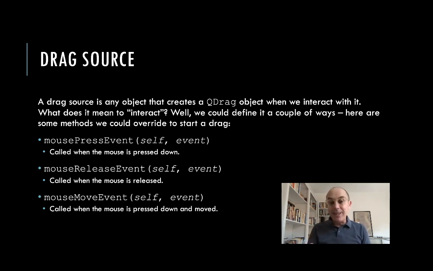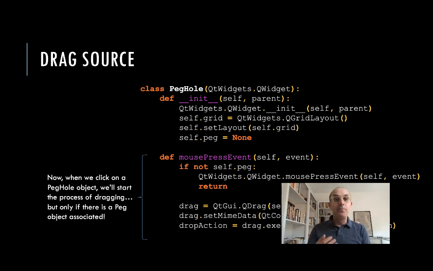Here are some methods that we can override to start the drag. Mouse press event, and if you are familiar with JavaScript, this is basically a JavaScript event, mouse press event, mouse release event, and mouse move event. These three events are classical JavaScript or web technology events.